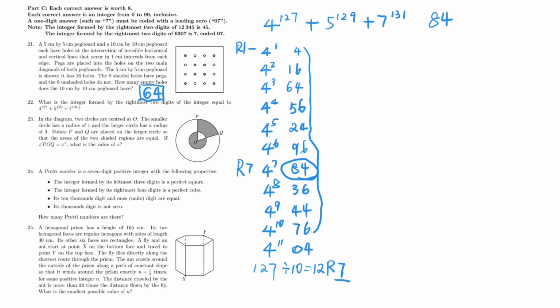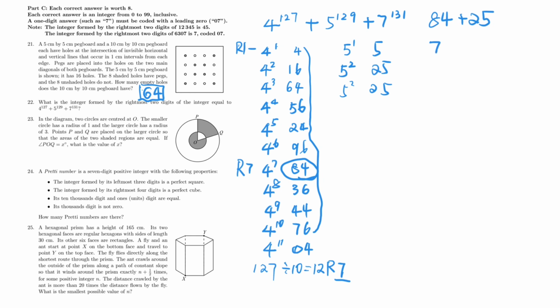Now we do the 5. For the 5, 5 to power 1 is 5. And from 5 to power 2, the last 2 digits are always 25. 5 cubed, 25. So 5 to the 129, last 2 digits, that's 25.